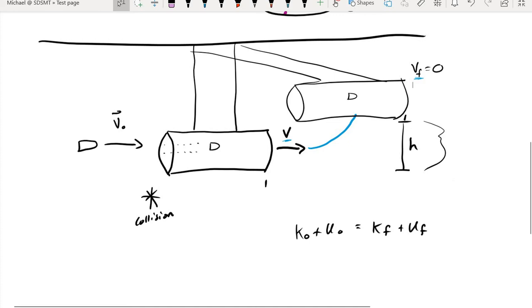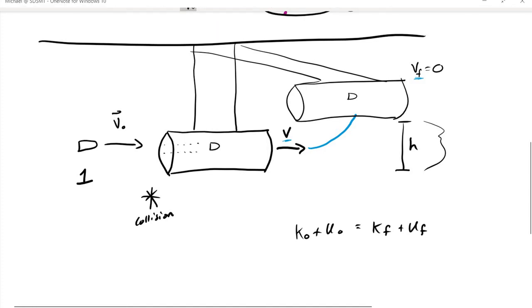So what I'm going to do is I'm going to label some specific points within the diagram. The first point will be right here. I'm going to call this point 1 or location 1 in the diagram, where the bullet has just been fired.